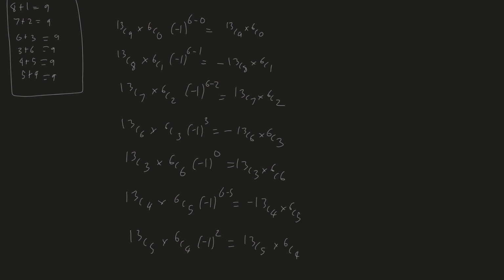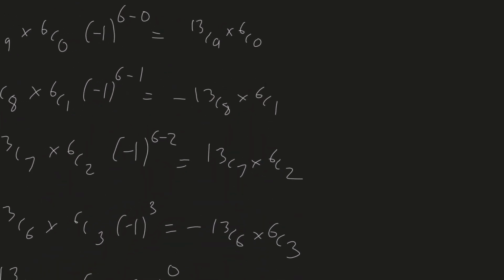Now what we're going to do is put them into our calculator, and we are going to get the coefficients of y to the minus 1. So for the first one, 6 choose 0 times 13 choose 9 is equal to 715.